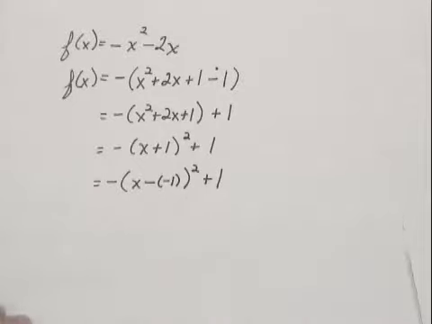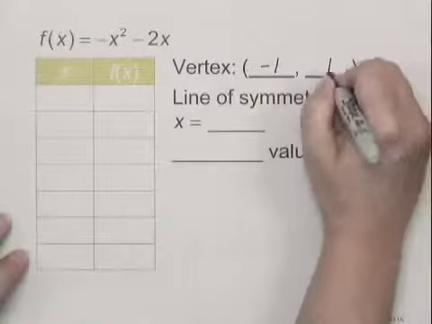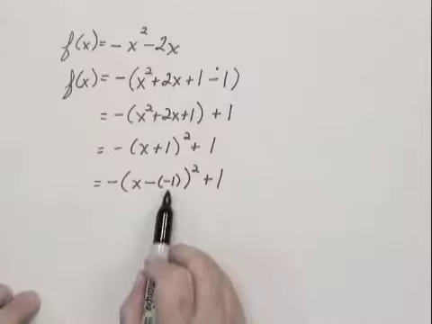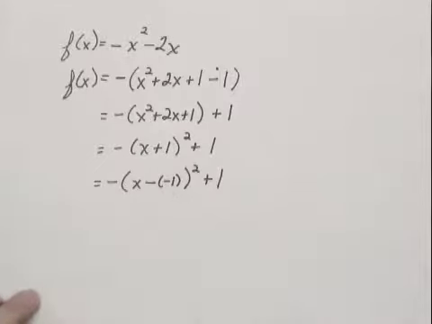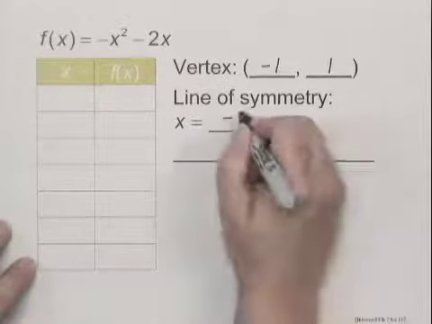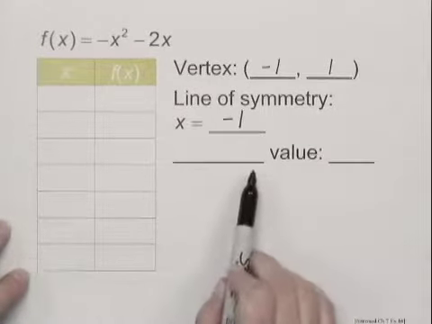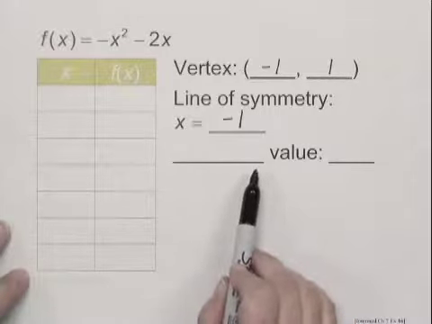So let's fill that in. At -1, 1. The line of symmetry is read from the h value here. So x would be -1 for the line of symmetry. And then this line here means I need to tell whether it's a maximum or a minimum value.